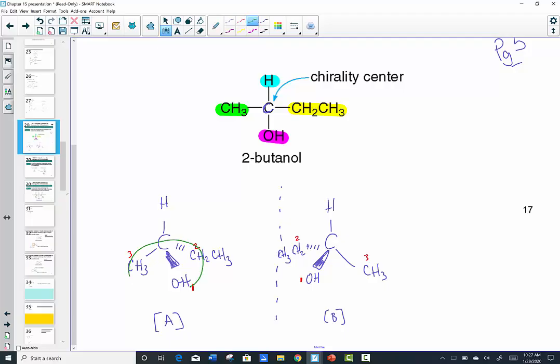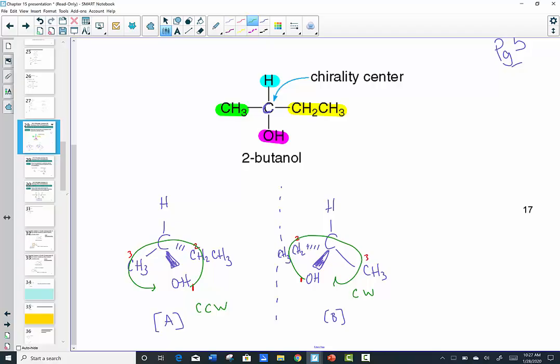1, 2, 3. Structure A is rotating those in a counterclockwise fashion, and I'm abbreviating that CCW, counterclockwise. And when I attach the priorities numbered as we did, in structure B, this is a clockwise rotation.